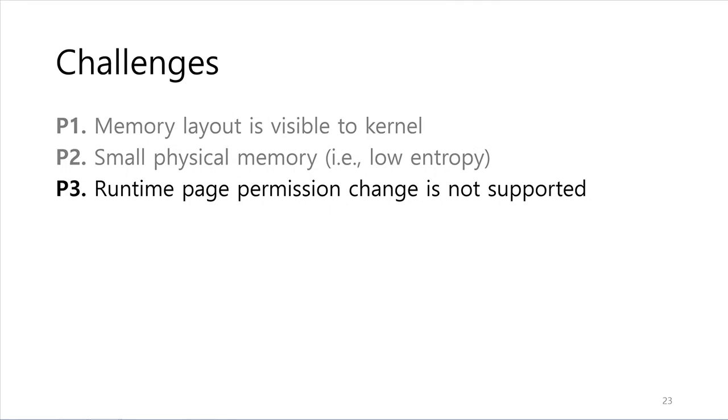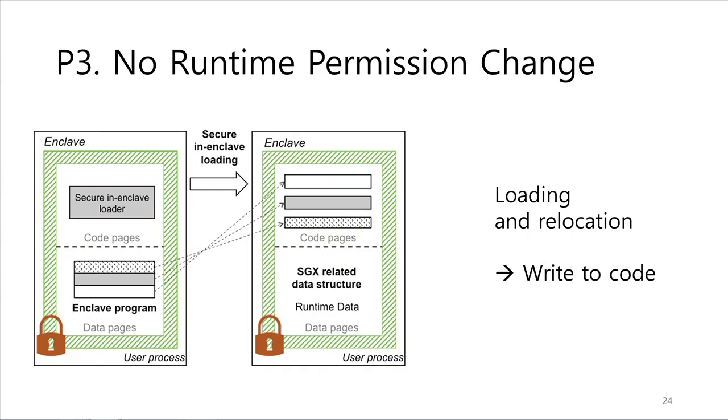And the last problem we must overcome to secure the ASLR is the hardware limitation that does not support runtime page permission change. Basically, to enable secure in-enclave loading and conduct relocation for the ASLR, we need to write to the code pages.